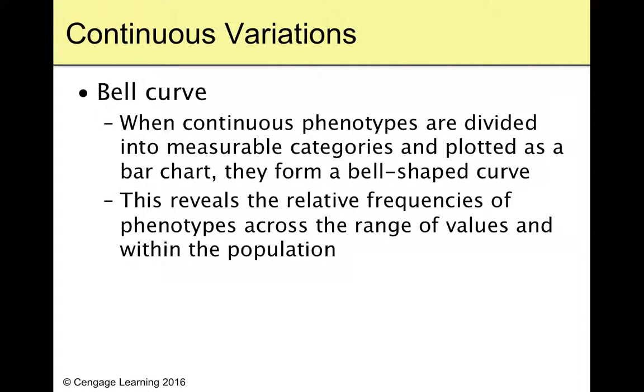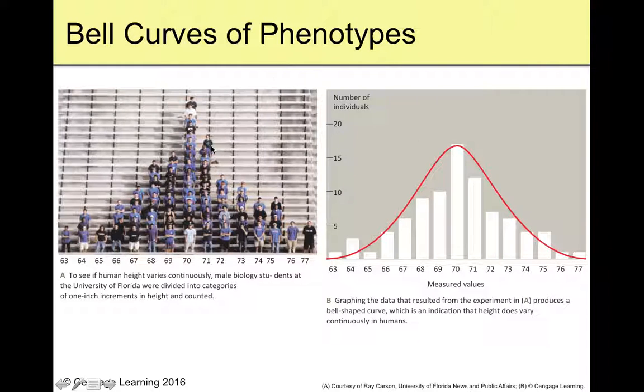So, continuous variations are something we can measure on what's called a bell curve. When our continuous phenotypes are divided into measurable categories and they're plotted as a bar chart, they form a bell-shaped curve. And what it does is it shows us the relative frequencies of phenotypes across a range of values within our population. Here's what this looks like.